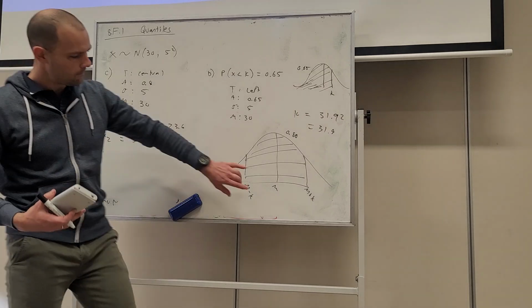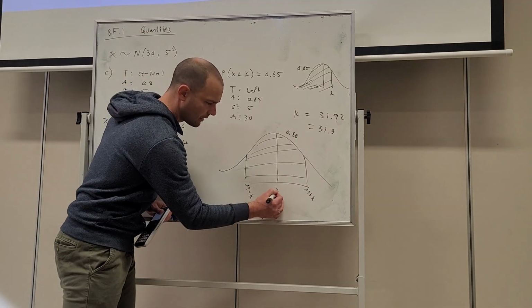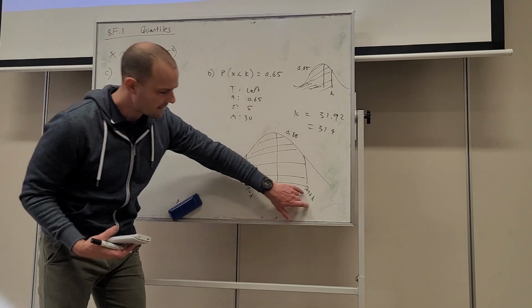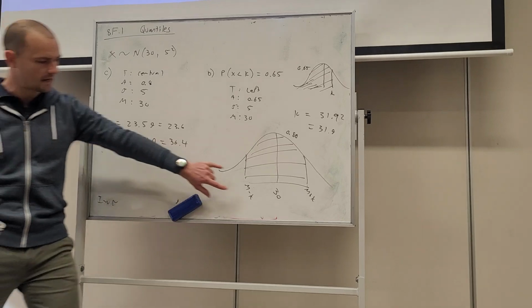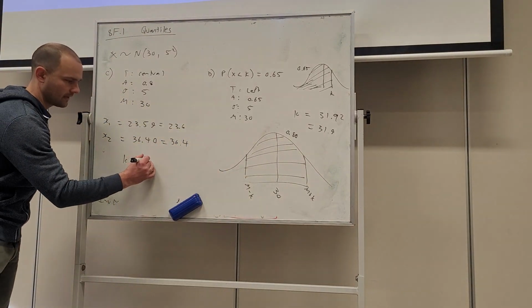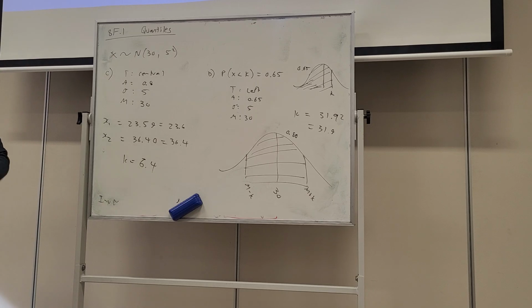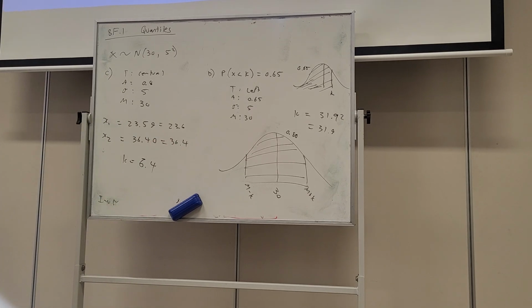We have the mean plus k. The mean is 30. And so 30 plus k is going to give us the upper value. 30 take away k is going to give us the lower value. And so we can extract from this our k value is 6.4. 30 plus 6.4 will give us 36.4.